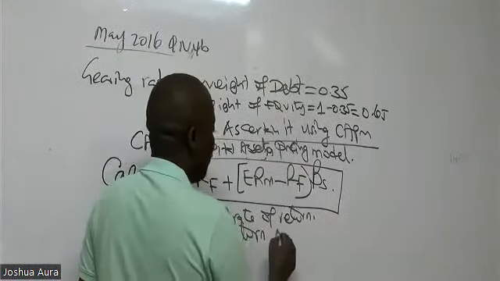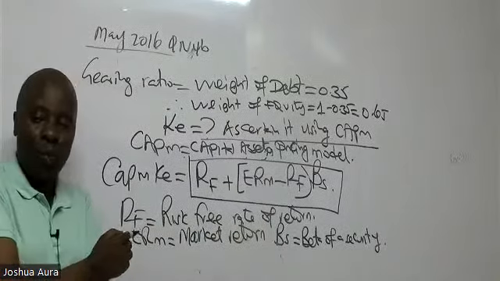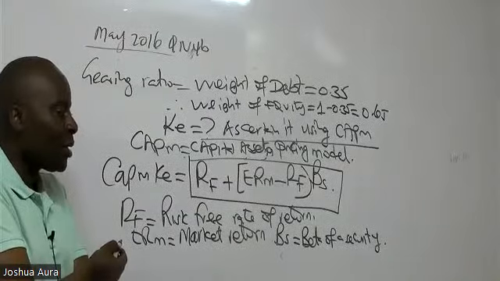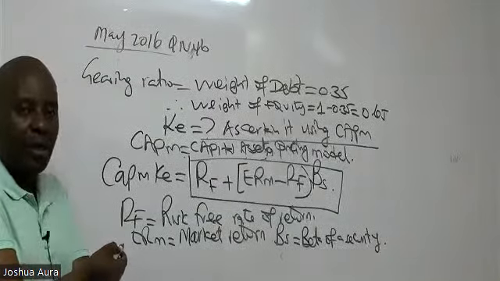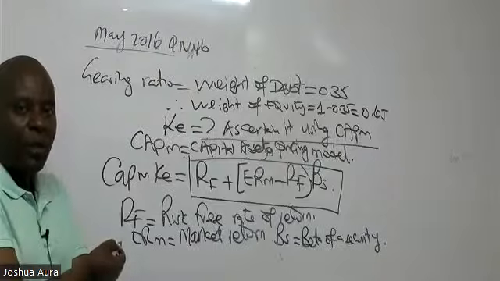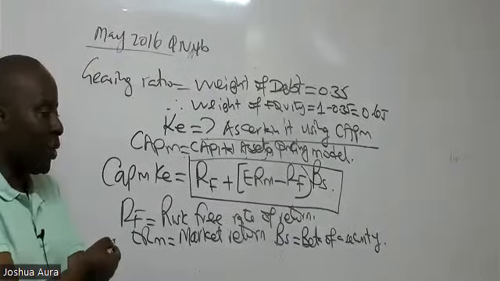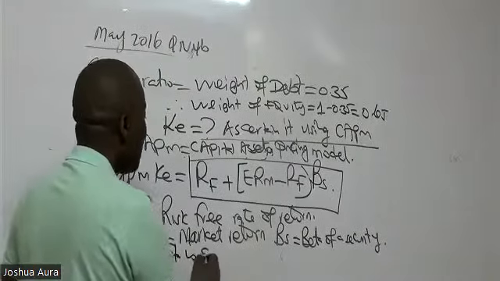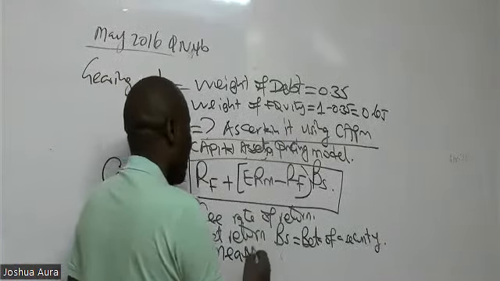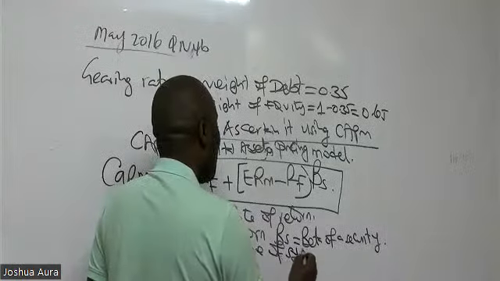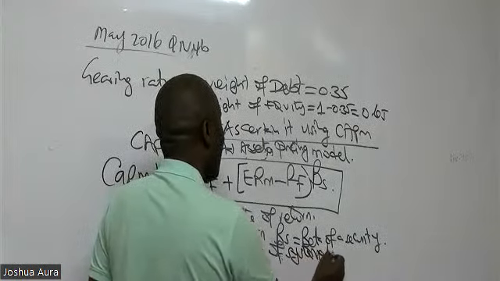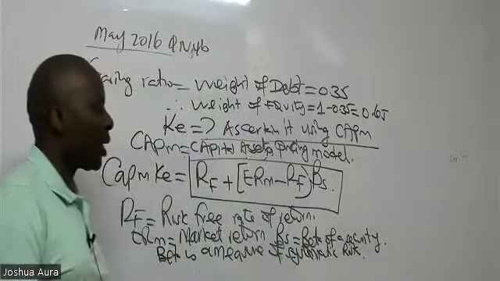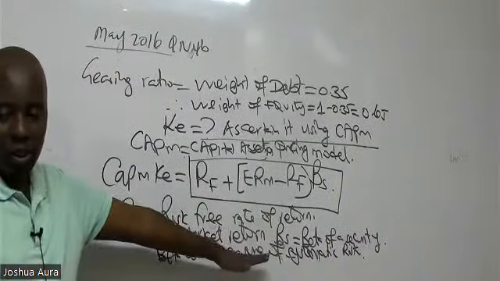For now, I would simply want you to appreciate that the beta of a security stands for the systematic risk. So beta is a measure of systematic risk. Don't worry about systematic risk for now.